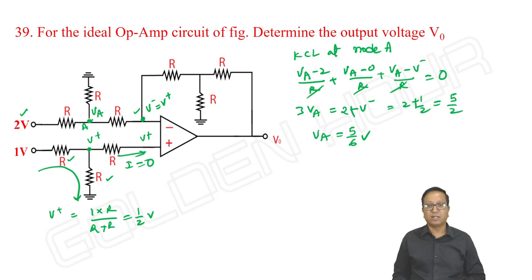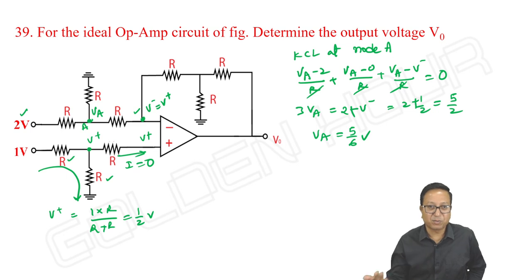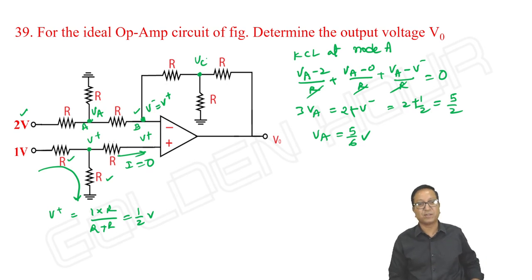Absolutely, in the node, the unknown voltage VA we have got. Next procedure, same. So we know this voltage and this voltage. By applying the node equation, we can find the voltage at this point. Let me take it as VC. We can find VC. Okay.